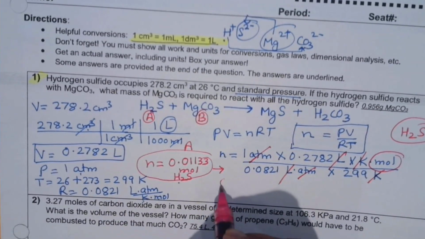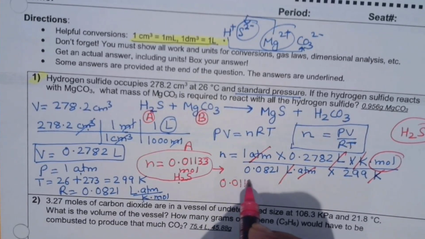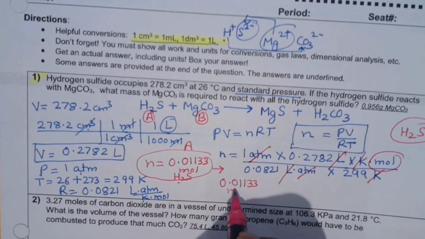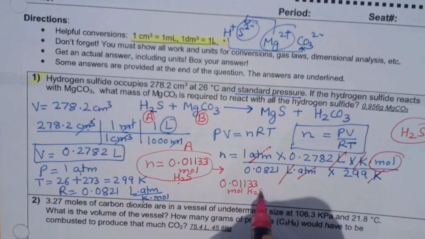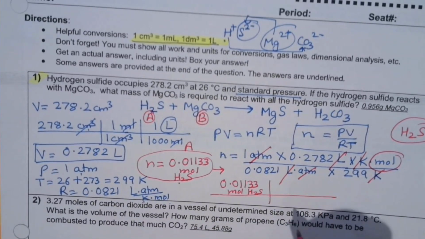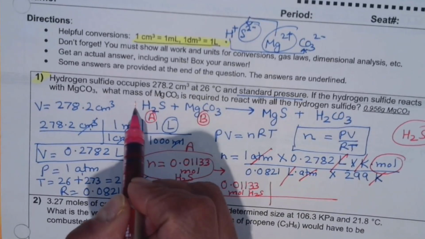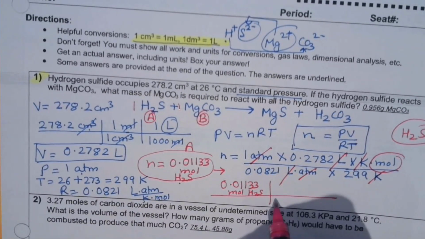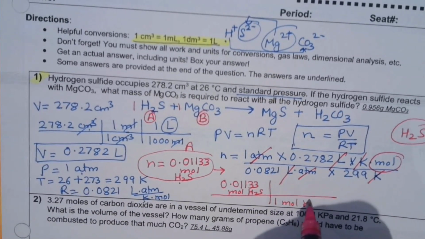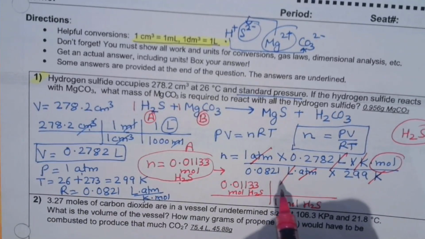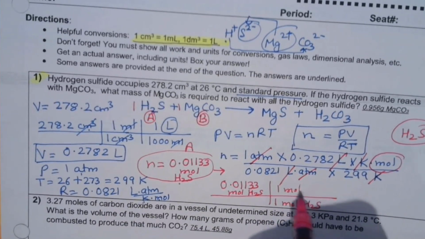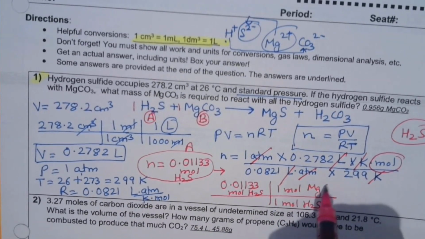So we start with 0.01133 mole H2S. Convert that to moles of MgCO3. Since the mole ratio is 1:1, I can write 1 mole H2S equals 1 mole MgCO3.